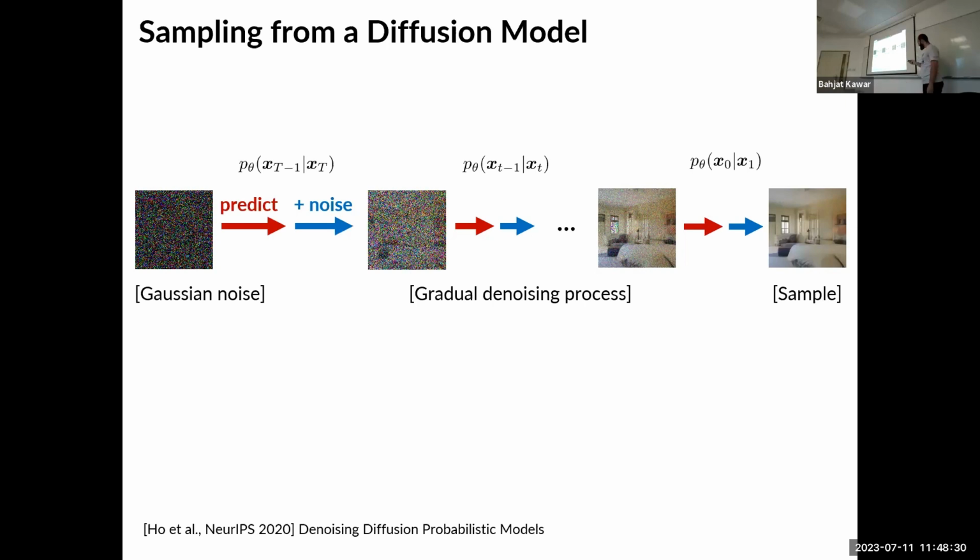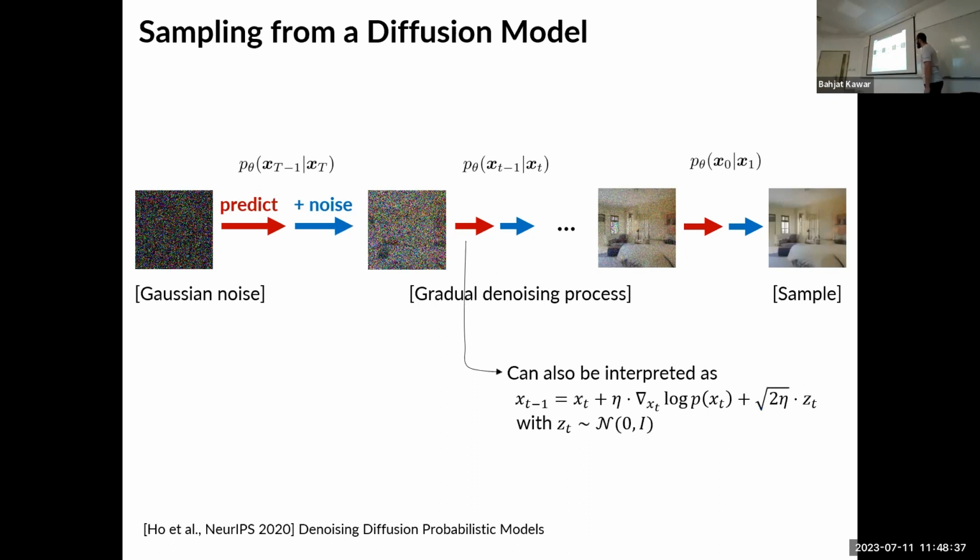Another interesting way to look at it is to consider each update rule here, this predict and add noise back, as an update rule. There's a theorem that shows that a denoiser can also be looked at as a score function. The score function is the gradient of the log probability of the image. If we take our current image xt and move in the direction of the score function, this is what applying the denoiser will give us. Moving in the direction of this gradient will increase the log probability, right?